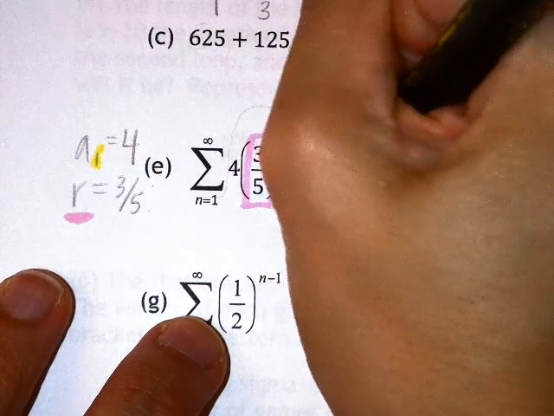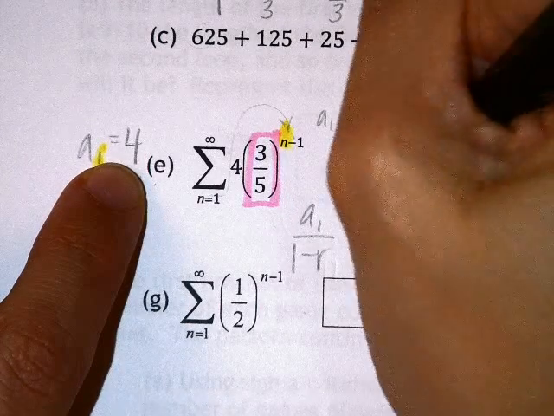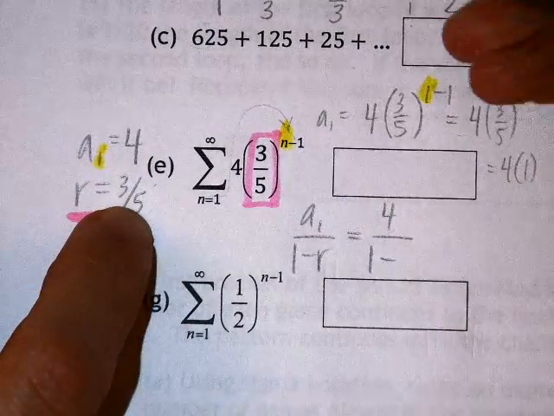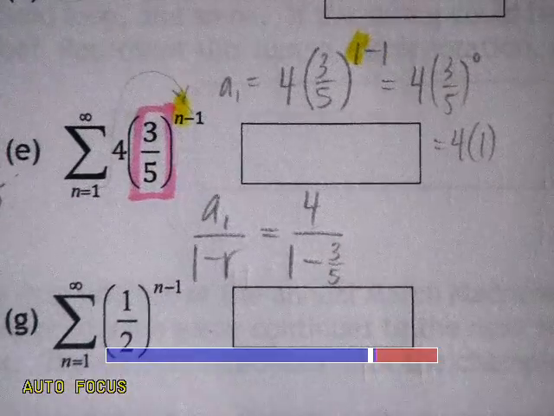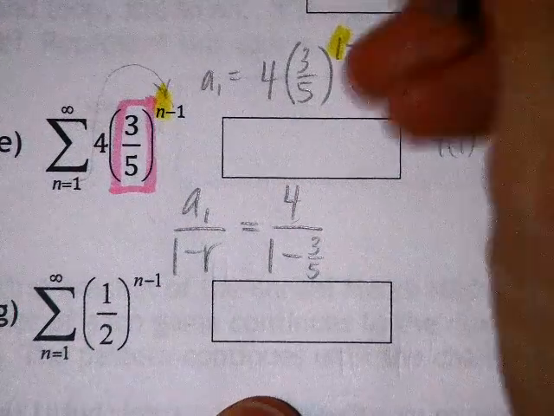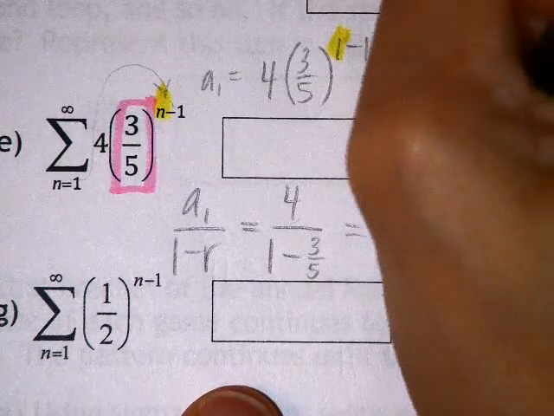So now that I know I have enough info for the formula, I'll use a sub 1 over 1 minus r. A sub 1 now we know is 4, over 1 minus r, which we know now is 3/5. So just as we were doing before, we can simplify. On the denominator there, 1 minus 3/5 is 2/5.